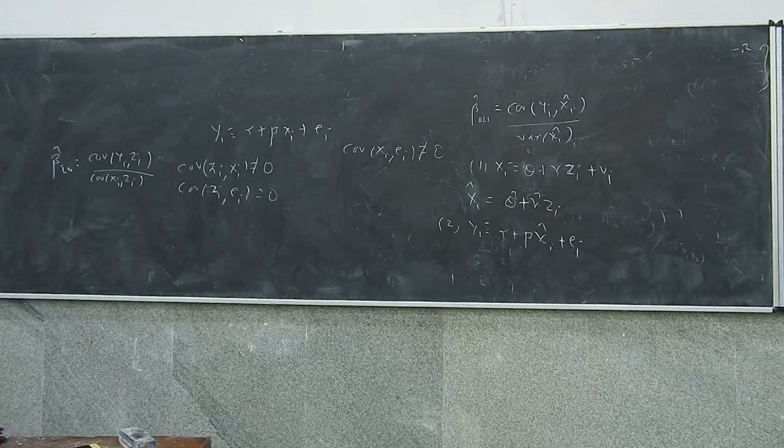I am not going to solve this. This is a simple matter of substitution. But this is a two-stage least squares estimator, which is also an IV estimator. Right, so a two-stage least squares estimator is also one type of instrumental variables estimator. Does anybody have any doubts so far about what we have done?